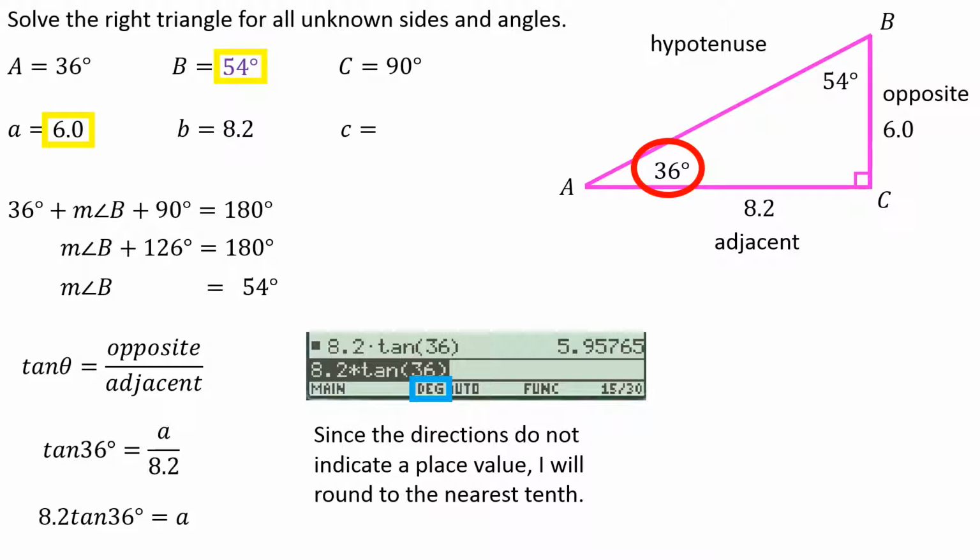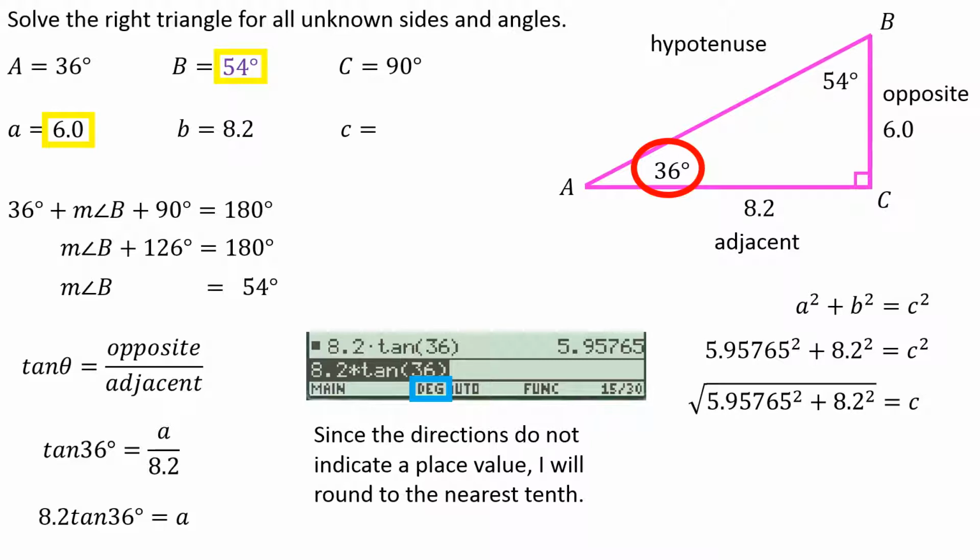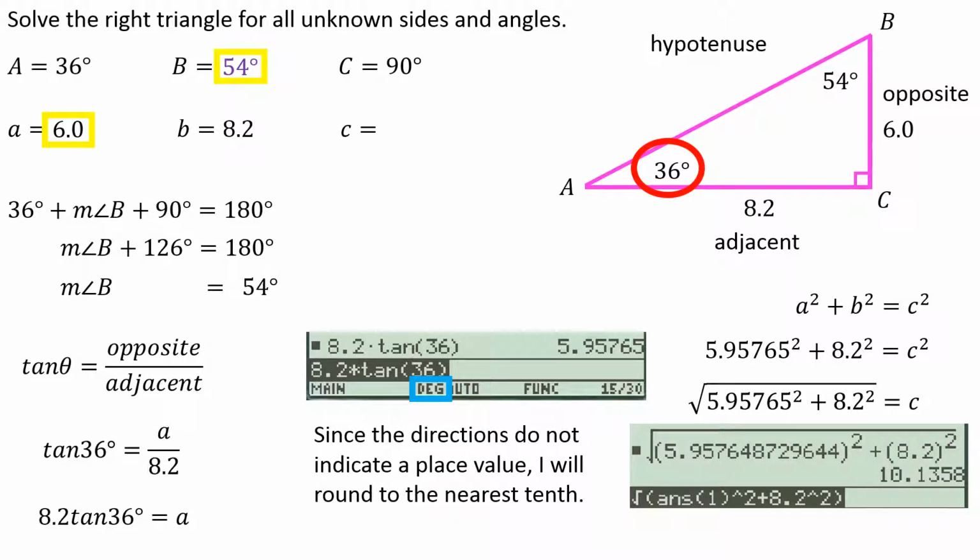And since I know 2 of the sides of a right triangle, I know both legs. I can grab the Pythagorean theorem. Notice I don't use 6 for a. I rounded off the answer to the nearest tenth, so I put 6.0. But I can actually use the answer in the calculator's memory. I can just request, hey, take the previous answer, square it, add the quantity 8.2 squared, take the square root of that whole thing, and then round off afterward.